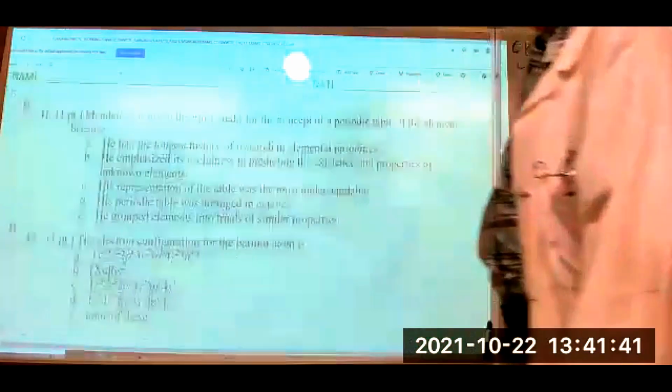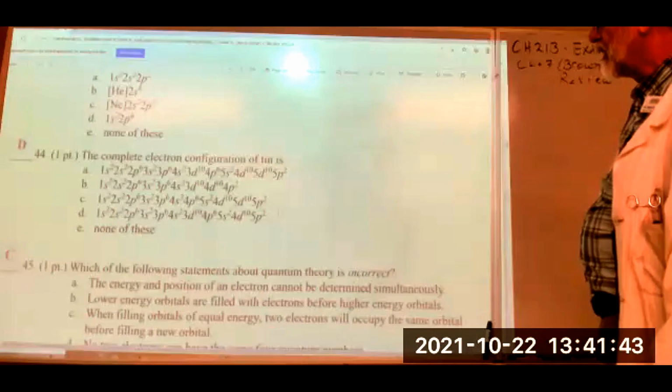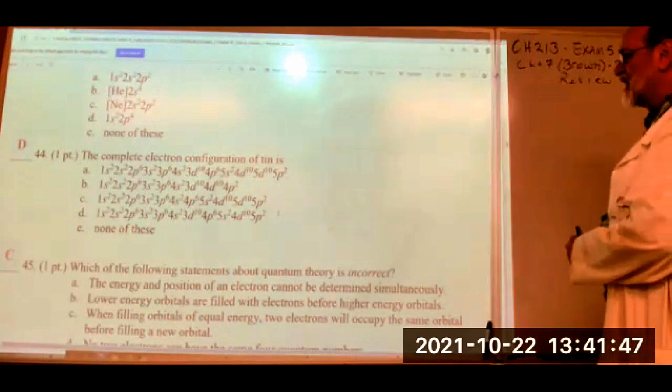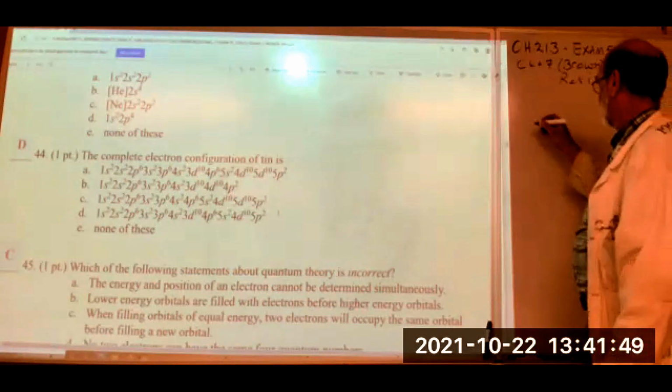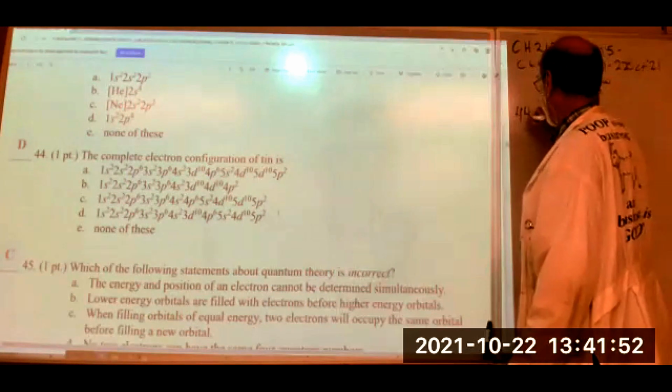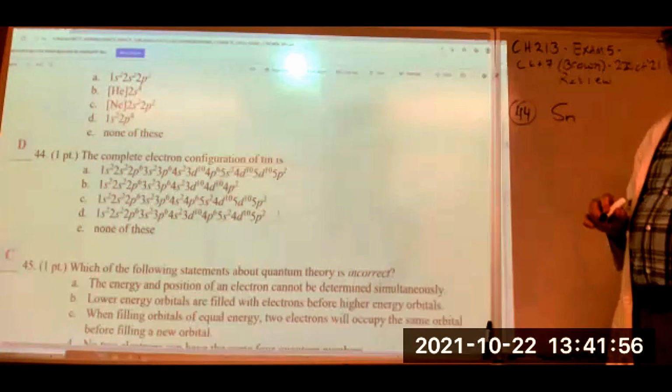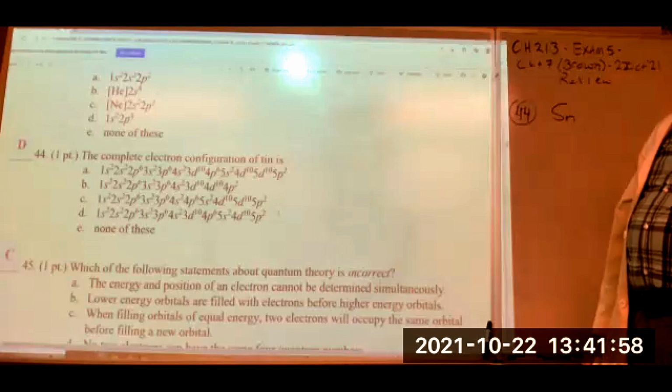Okay. 44. Let's see. Yeah, there we go. The complete electron configuration of element 50. Okay. Put on our thinking caps here. We need to know how many electrons it has, correct?